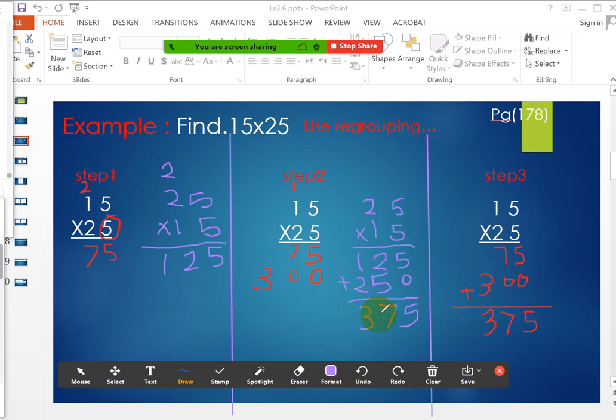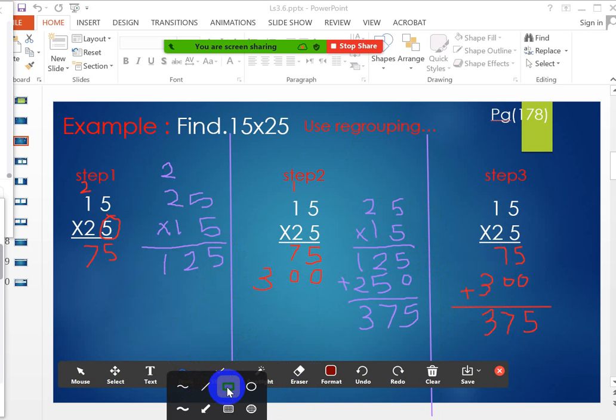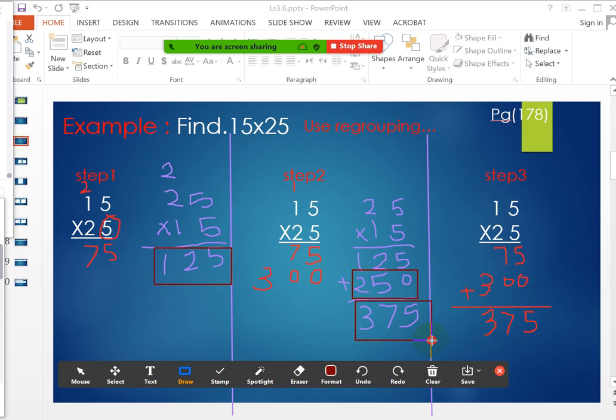The same answer. So these are the answers in your book. This one, the first step. This is the second step here. It must be this number, 250. And the last step must be 375. Okay?